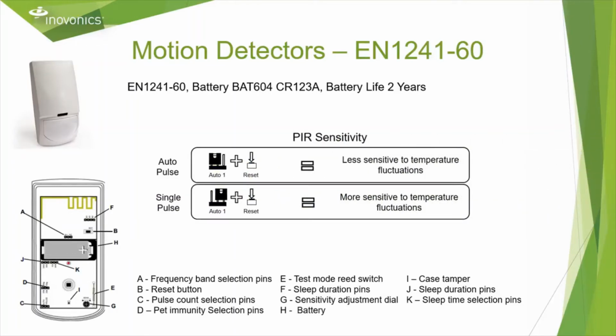You can adjust the sensitivity of the sensor itself by changing the PIR sensitivity jumper to auto pulse for environments less sensitive to temperature fluctuations, and single pulse for environments more sensitive to temperature fluctuations.